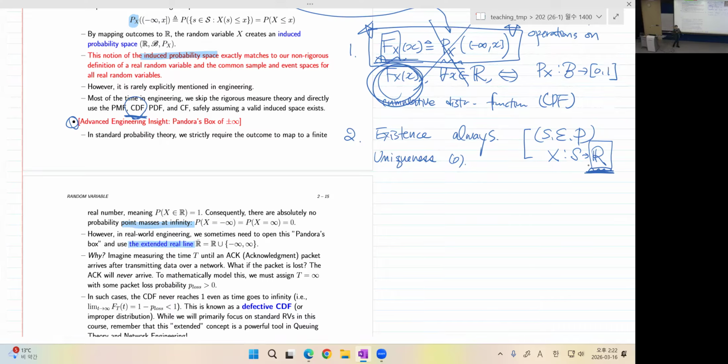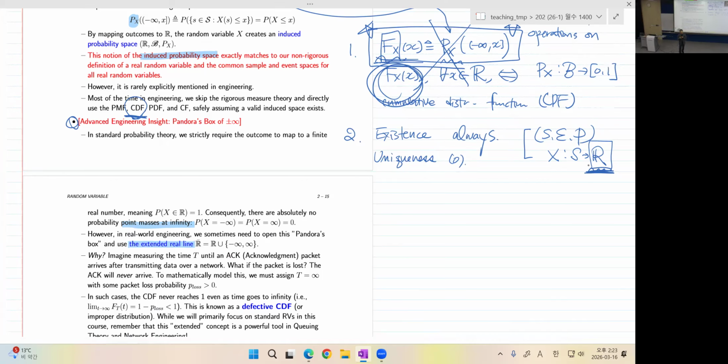So what happens if you really want to assign positive or negative infinity? You must be careful, okay? So I'm giving you a warning. One good thing is that in this course, that will never happen, okay? So that's okay. However, some of you may confront that kind of trouble in your future research.